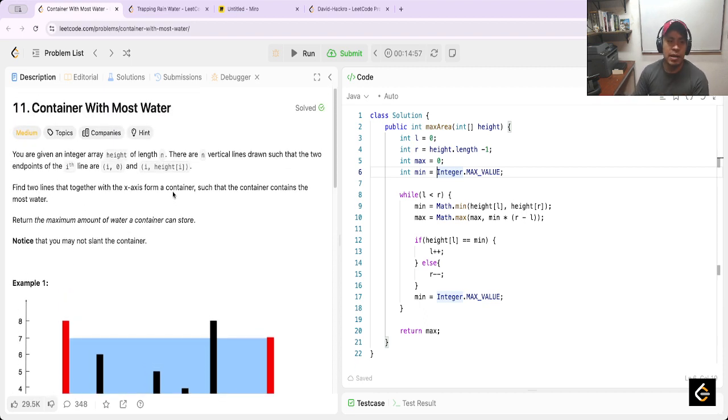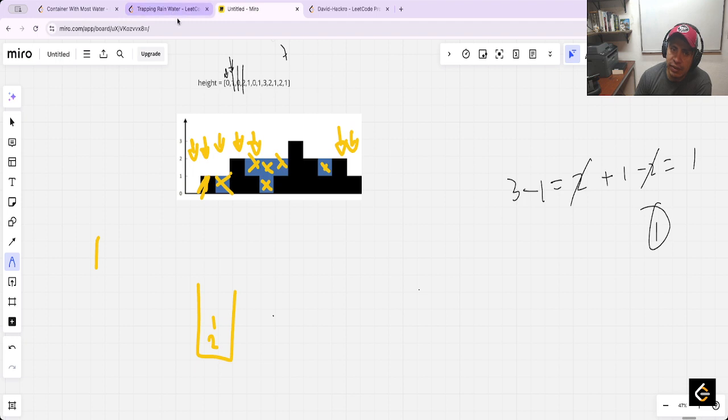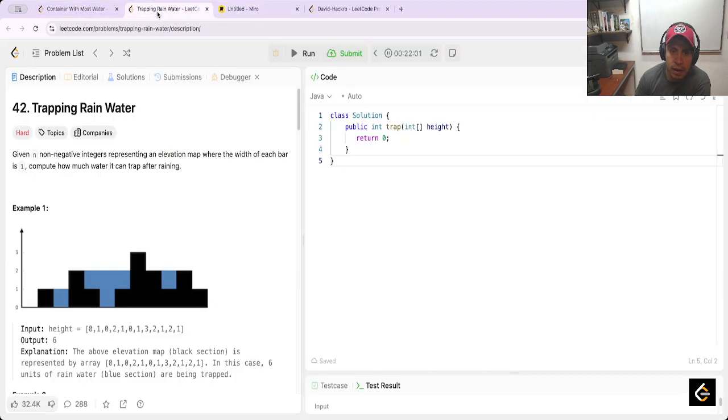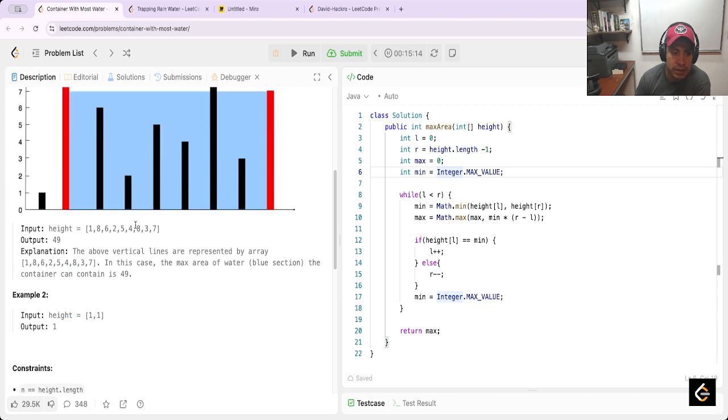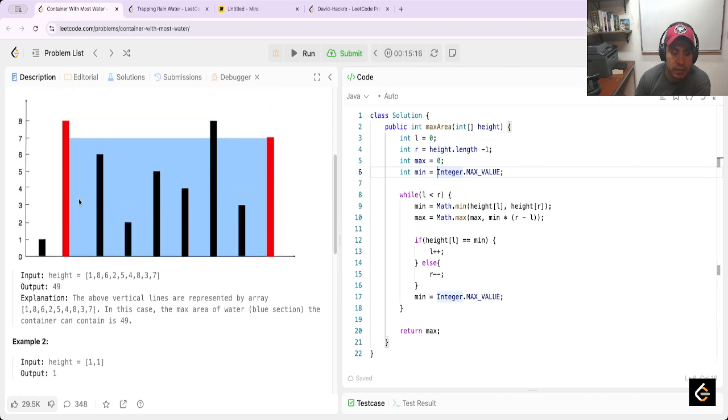In this case, for example, is the container with most water. I think that it's necessary here because in the end we should... let me check here. 49.